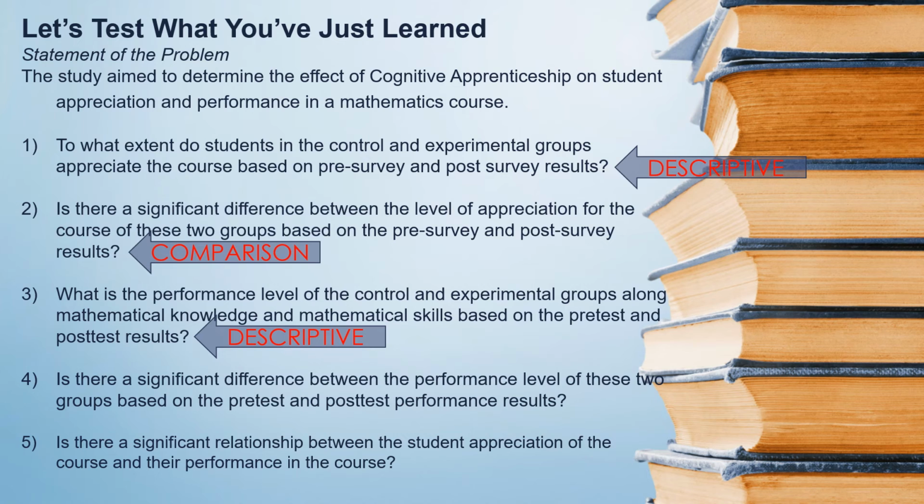The possible ranked categories of performance may be poor, satisfactory, very satisfactory, and or excellent. The fourth one is again a comparison question, differentiating the performance level of the two groups. And number 5, it is a relationship question. The researcher wants to know if there is a relationship between appreciation and performance.